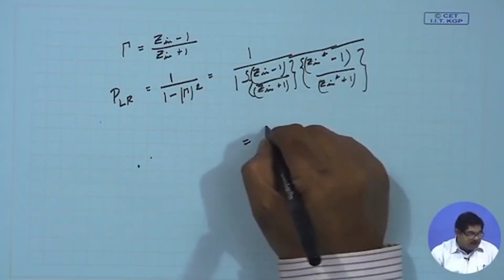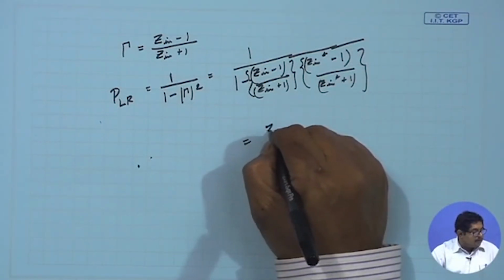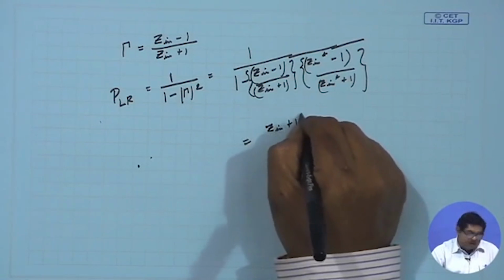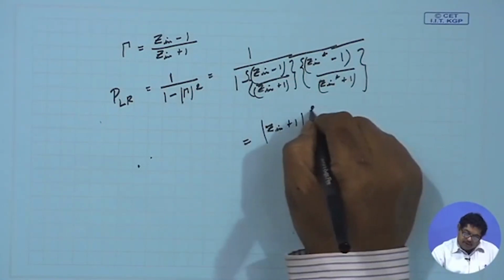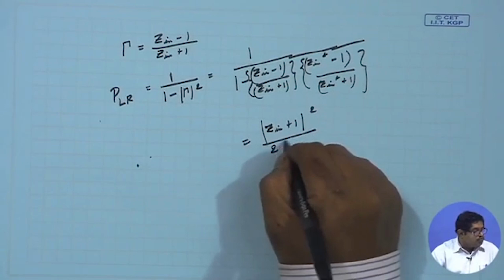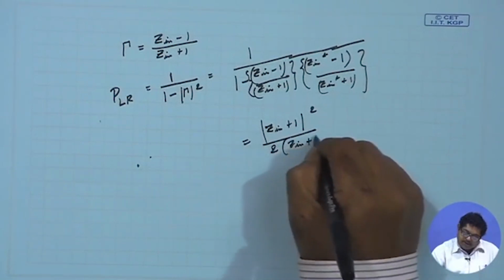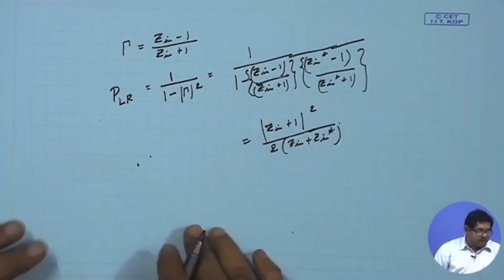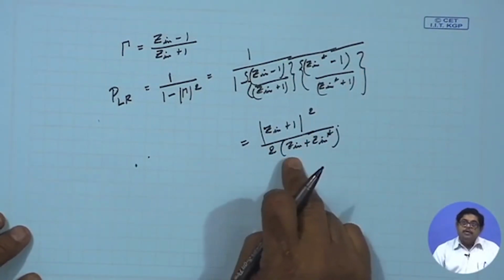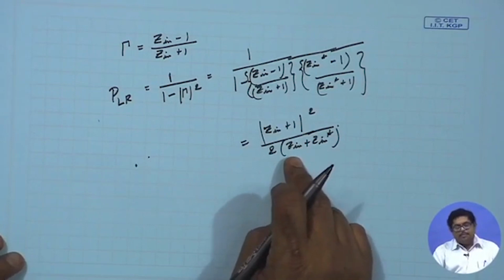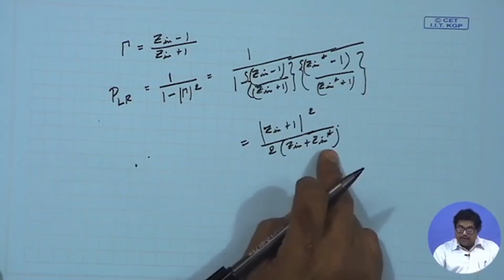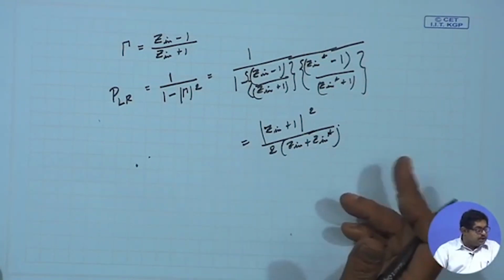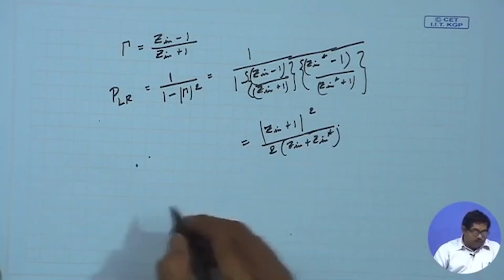If you simplify, you get (Z in plus 1) whole square by 2 times (Z in plus Z in star). Now, Z in is a complex quantity, so Z in plus Z in star will be twice the real part.